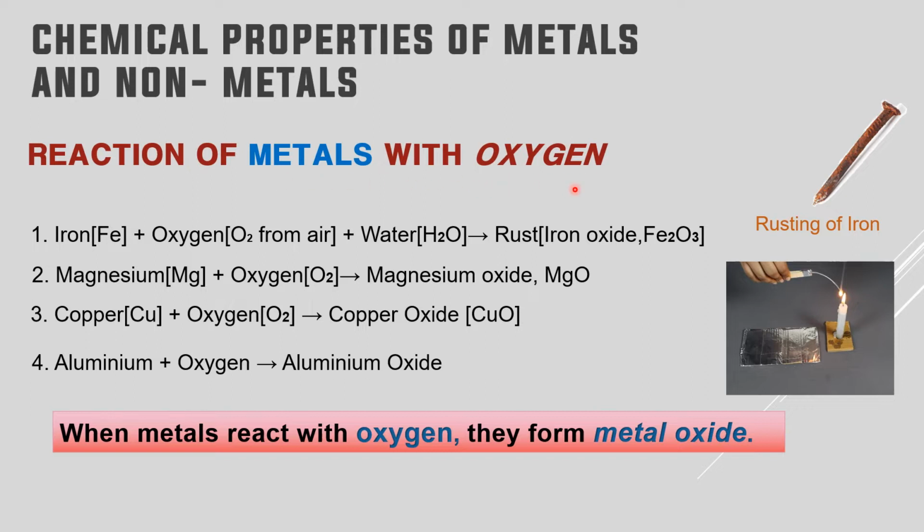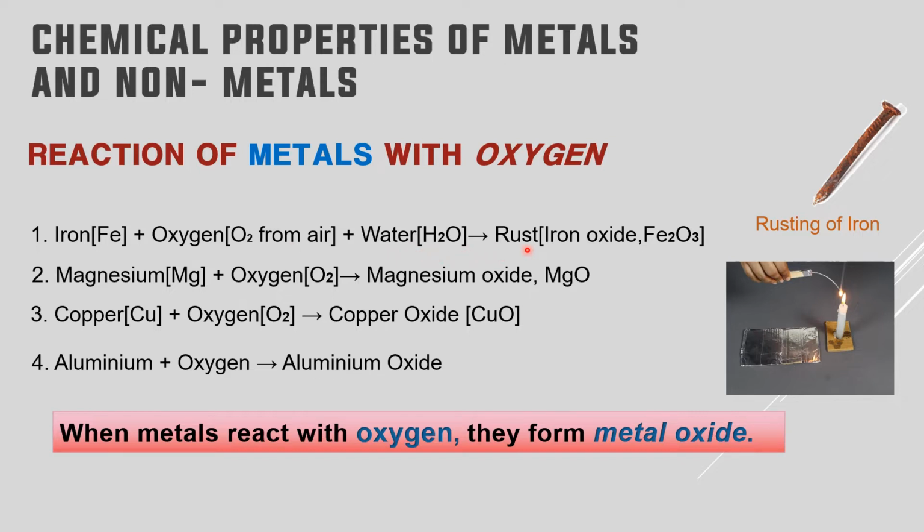The first reaction you can see here is the rusting of iron. You learned this in class 7. You can see the picture also. How is the rust formed? Iron reacts with oxygen from air and water vapor in the air to form rust.